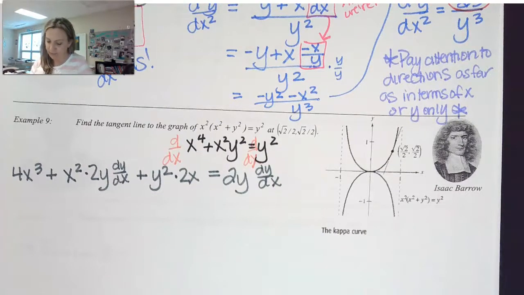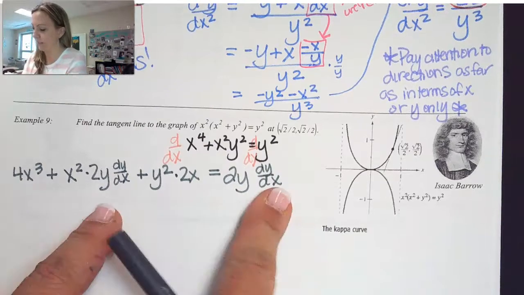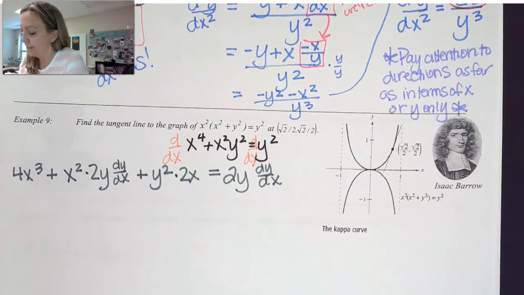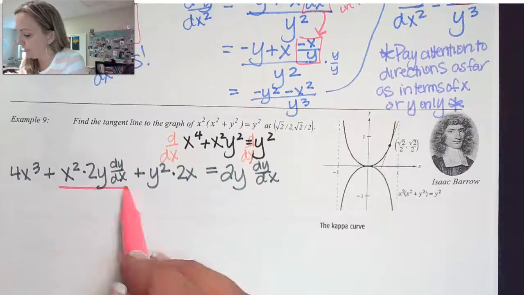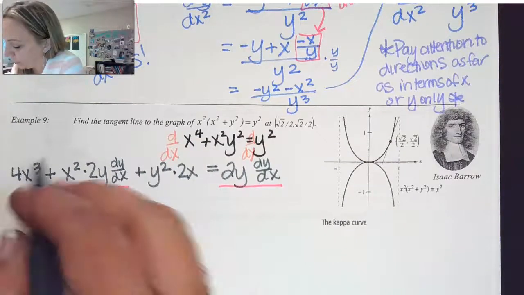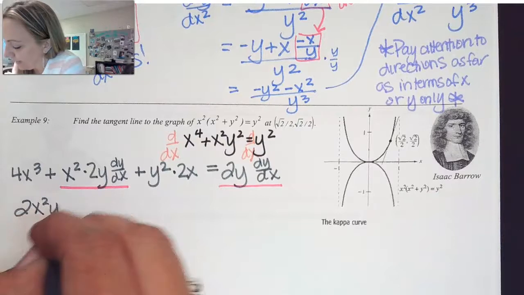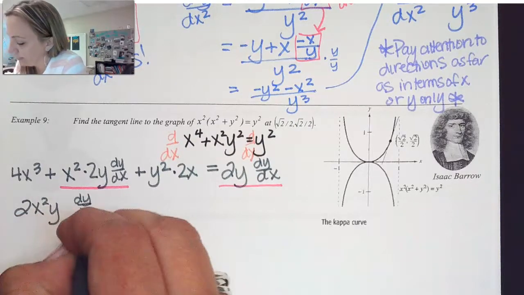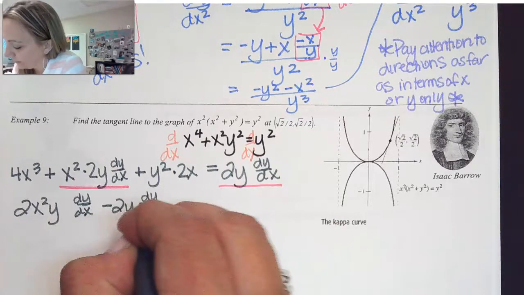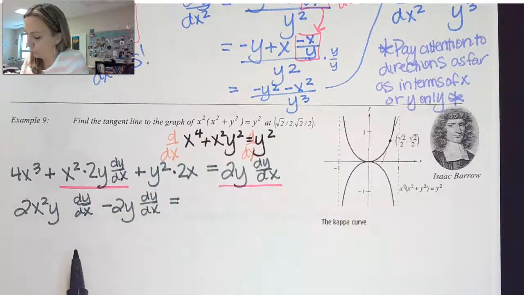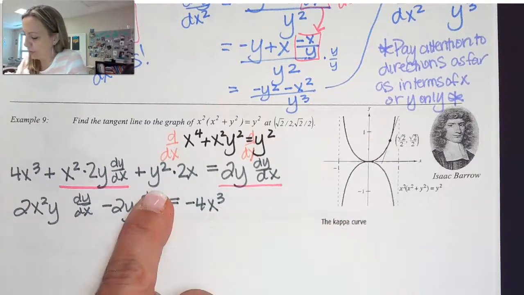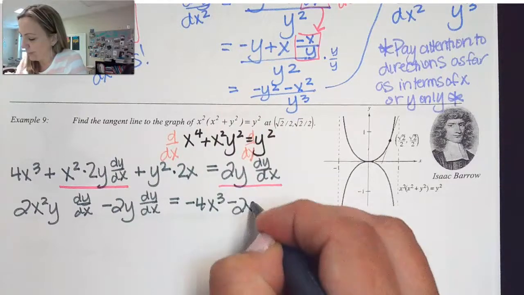So I guess that's good enough. I can put all of these terms involving dy/dx over to one side. So this is a term involving dy/dx, as is this. So 2x squared y dy/dx minus 2y dy/dx can be equal to negative 4x cubed, and then I'm going to turn that into negative 2xy squared.